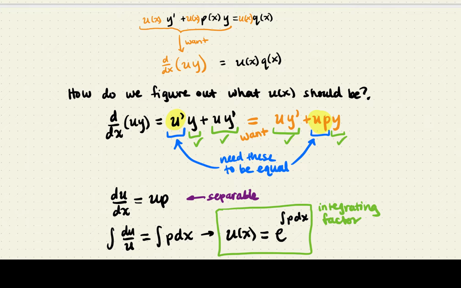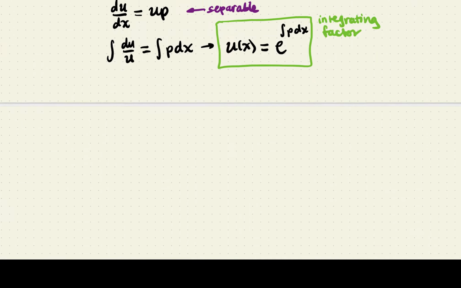All right, so I'm going to go ahead and scroll down. We found our integrating factor, and now we need to see how it works, figure out how to use it. Okay, so the original equation we were solving in standard form, y prime plus py equals q.